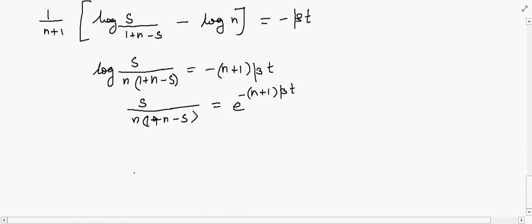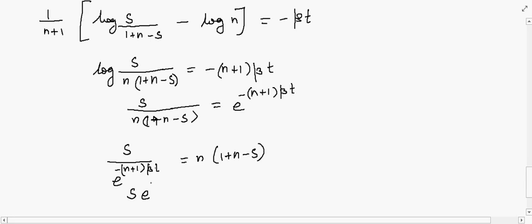Then s divided by e power minus of n plus 1 beta t is equal to n into 1 plus n minus s, or this negative power is in the denominator, so we can write e with positive power in the numerator.